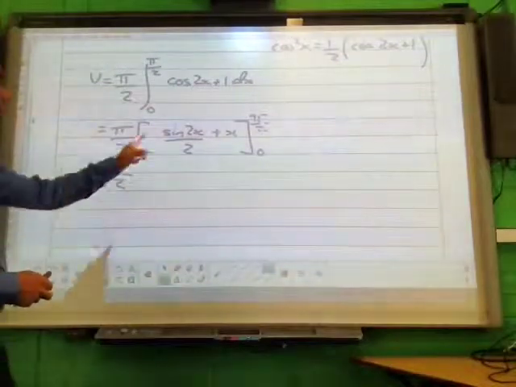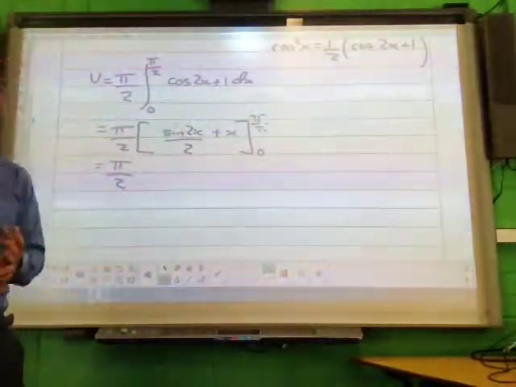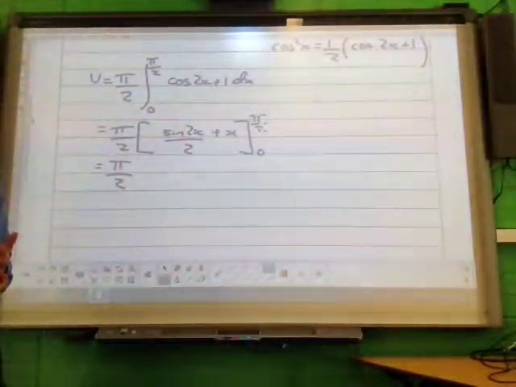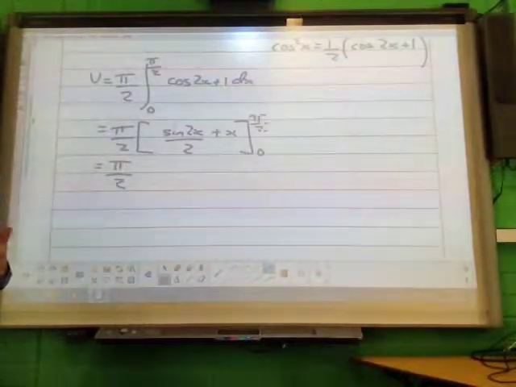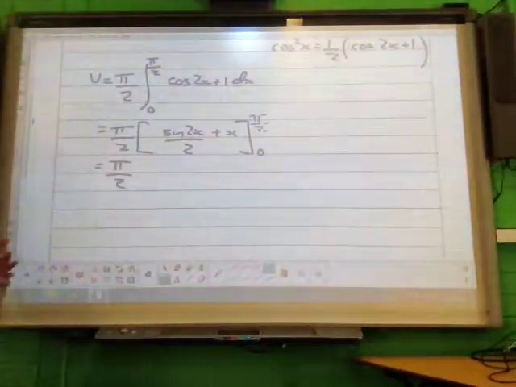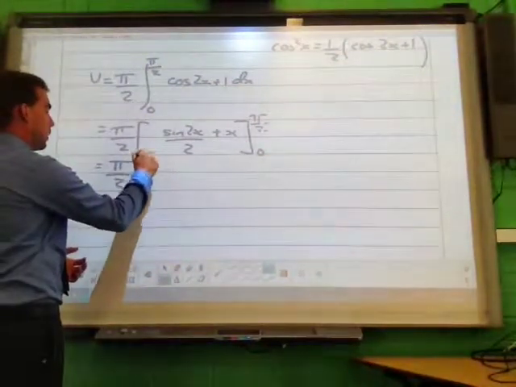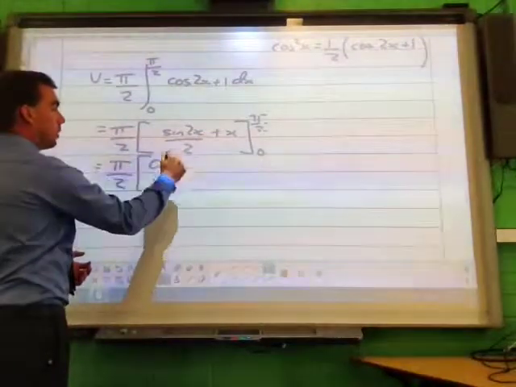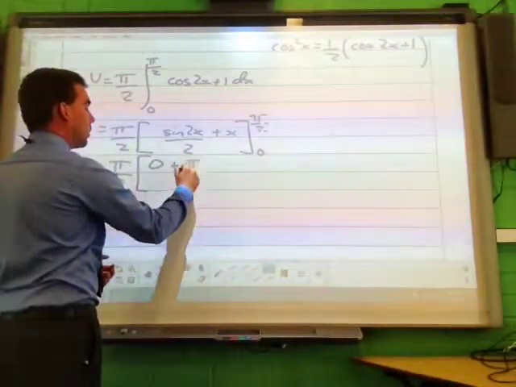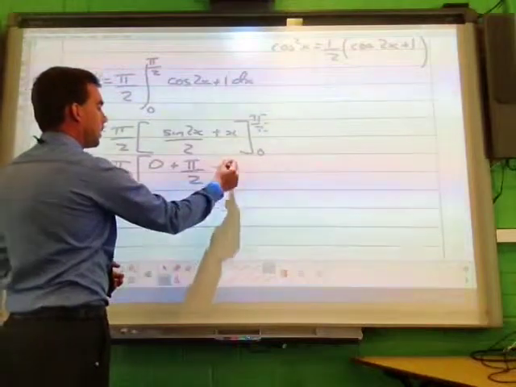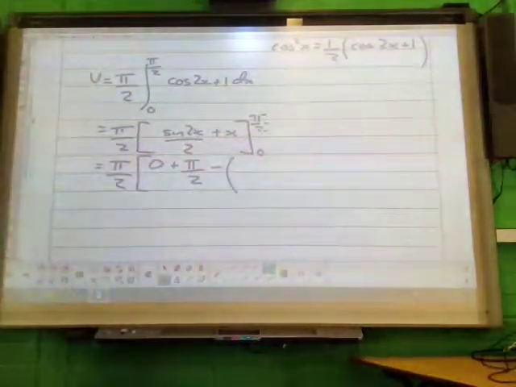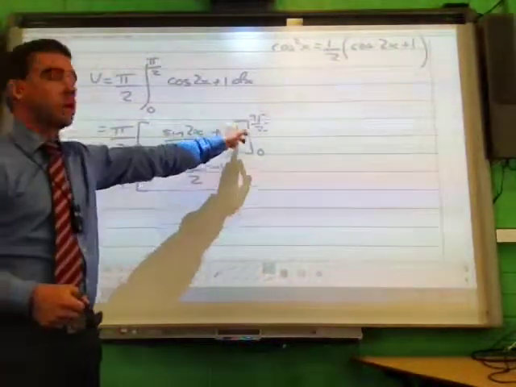Alright, so we've got pi over 2 times 2, so we've got sine of pi. Okay, so sine of pi is 0. 0 plus pi on 2, take away, and again, I'm observing that I substitute 0 here and here.